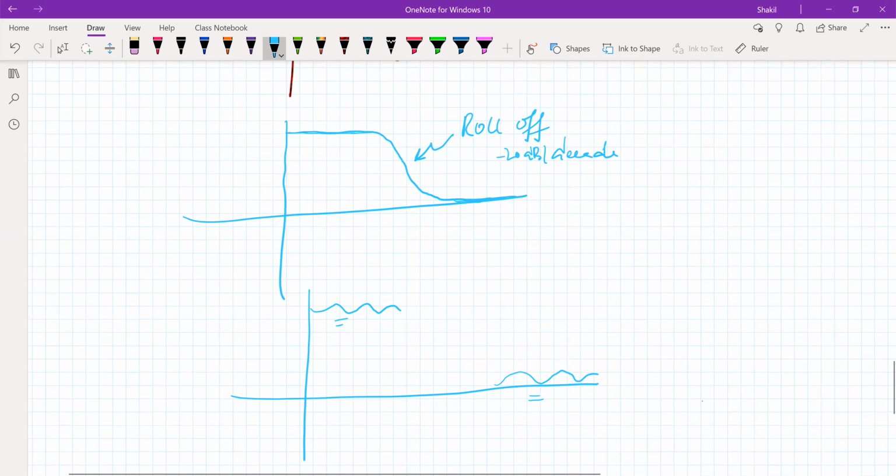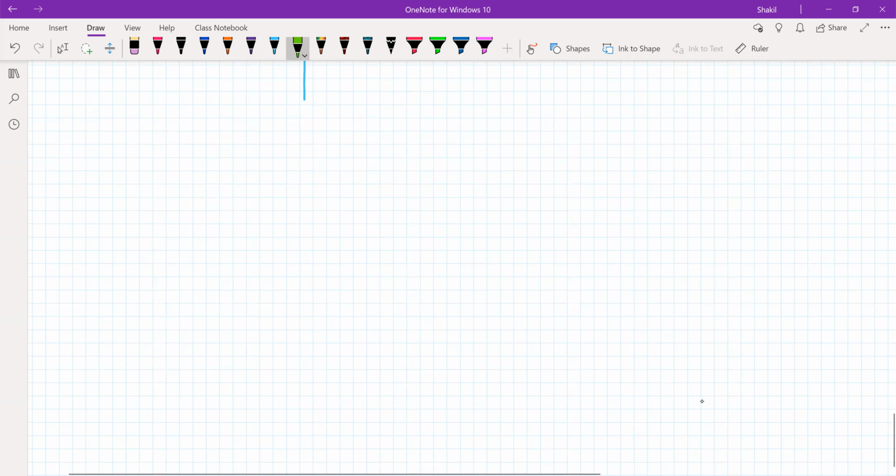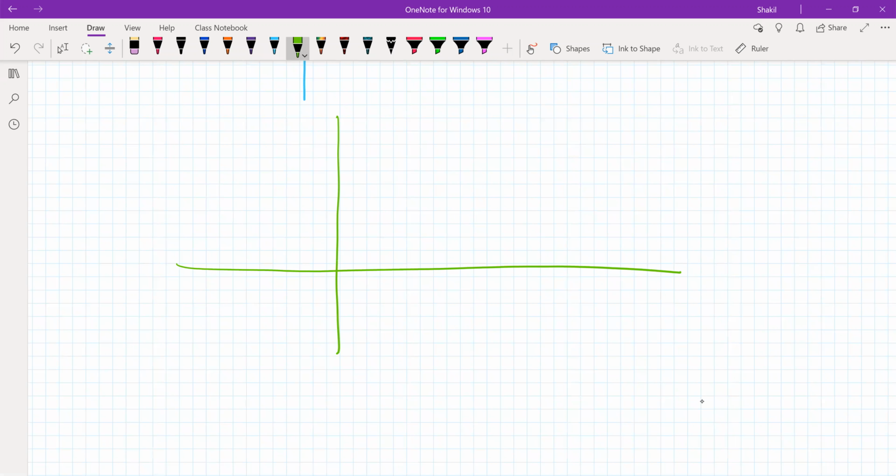For a practical filter which actually rolls off like this, please remember this: the cutoff frequency is defined like this.